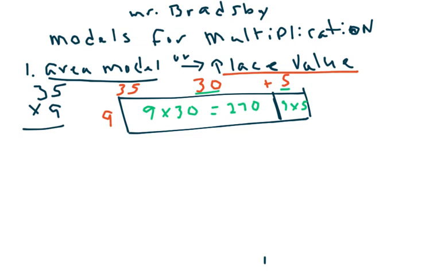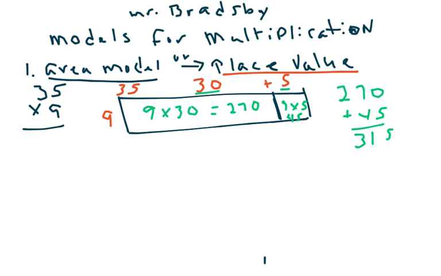So that's 270, and 9 times 5 is 45. So we do the place value over here. It's got 27 tens and 45 ones. We add them, 5, 11, 315.